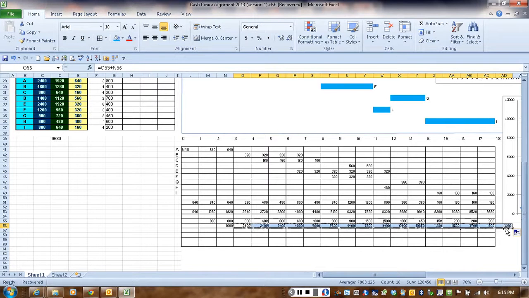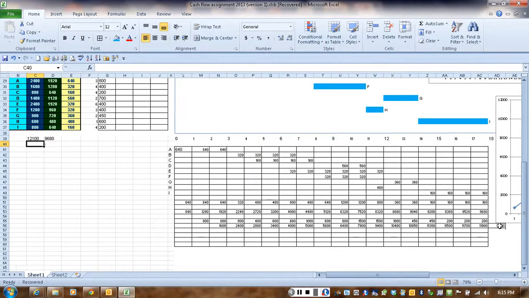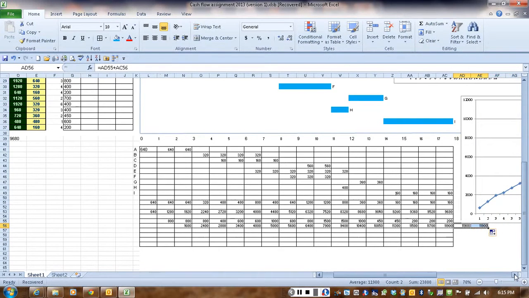And there you have your cumulative billing. So if I add these numbers, I need to extend that for one more cell. So that should add up to the total that we have here.